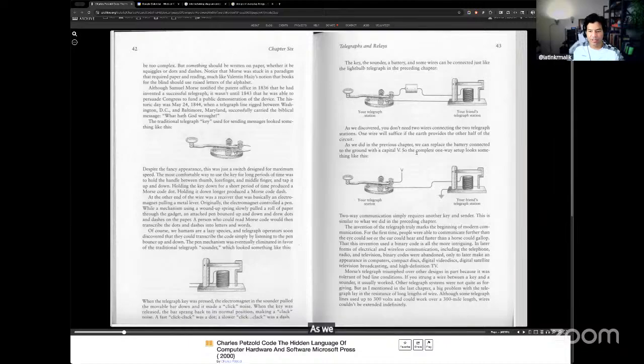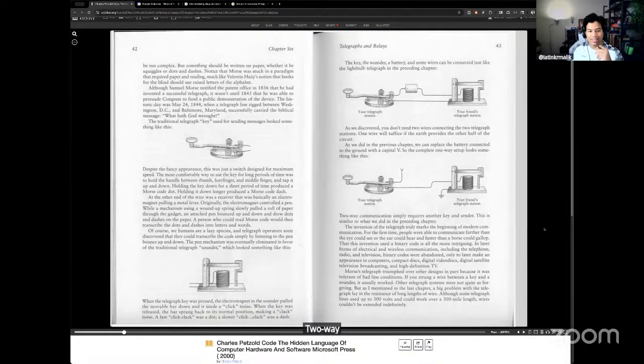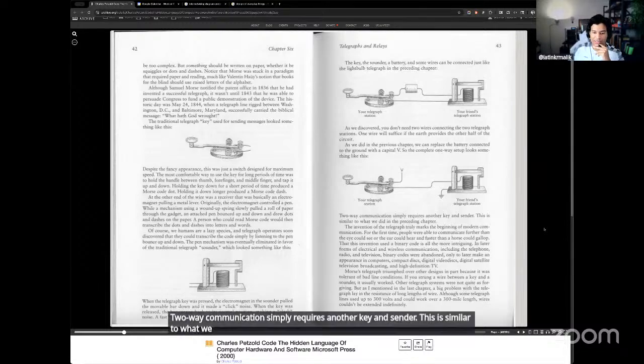As we did in the previous chapter, we can replace the battery connected to the ground with a capital V. So the complete one-way setup looks something like this, where there is a voltage source, which is connected to an electromagnet, and that is connected to the earth. Two-way communication simply requires another key and sender. This is similar to what we did in the preceding chapter.